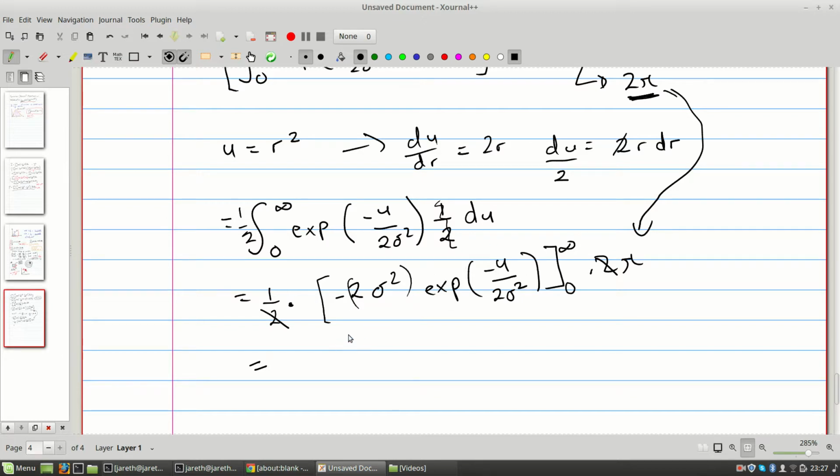So what we would have is 0, minus, and then if we substitute 0 instead, the exponent of 0 is 1, and then we would have minus 2 sigma squared times pi, and this should give us 2 pi sigma squared, right?